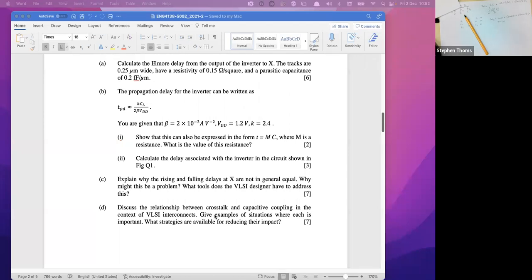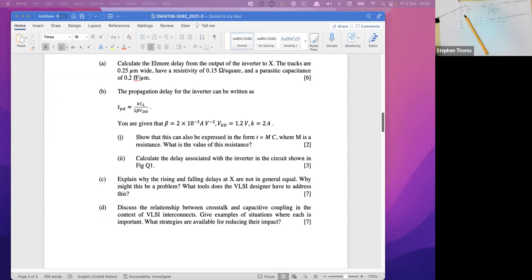Well, capacitive coupling is when you've got a capacitance between 2 tracks, and that gives you some effects. And likewise, crosstalk is one specific effect of that.